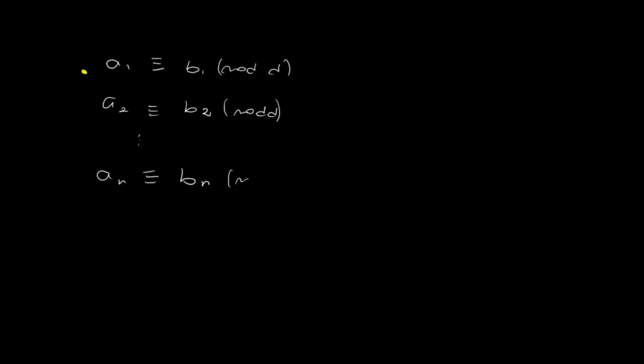Now, in a similar way to property number 2, we have another one: if A1 is congruent to B1 modulo D, A2 is congruent to B2 modulo D, and so on, we have a list of A sub n's and a list of B sub n's that all satisfy that A sub n is congruent to B sub n modulo D. Then we can prove two properties.